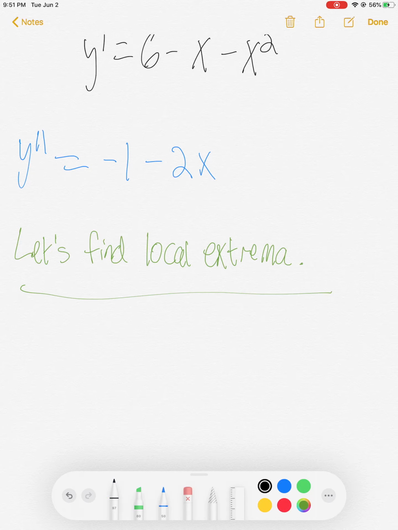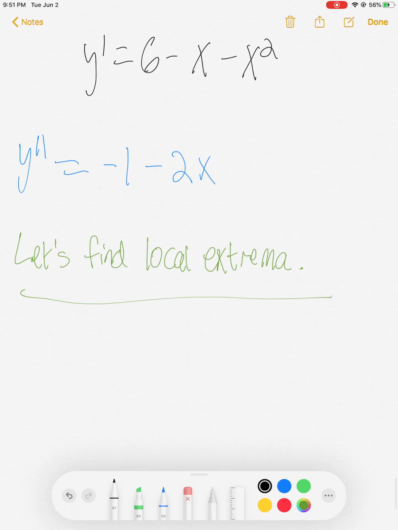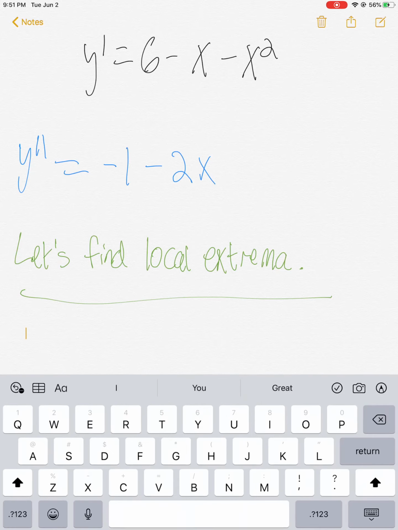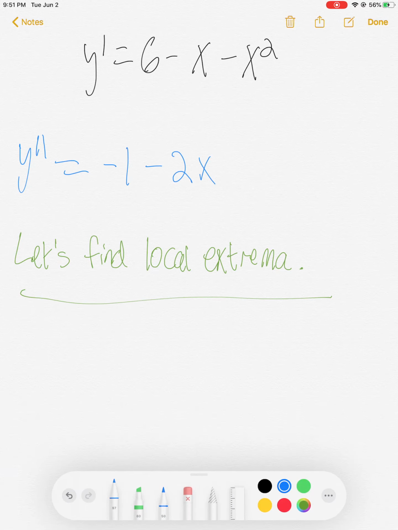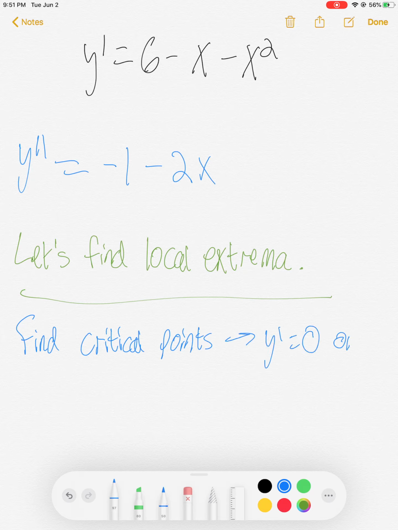So let's find the local extrema. Just like we have in the past, we want to find the critical points of this function.